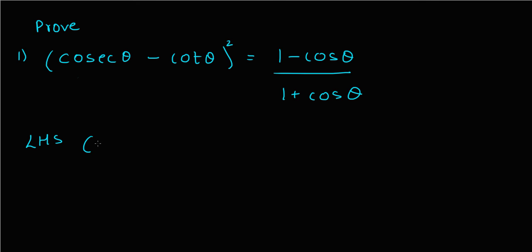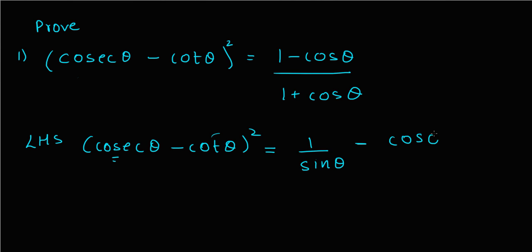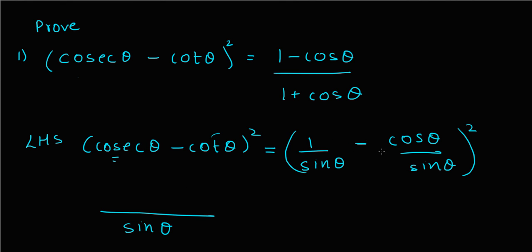So I have in the LHS (cosec theta minus cot theta) whole square. Now what I'll do is I'll convert everything in terms of sine and cos. Cosec is 1 by sine theta minus cot is cos theta by sine theta, whole square. Since the denominators are the same, I can subtract my numerators.